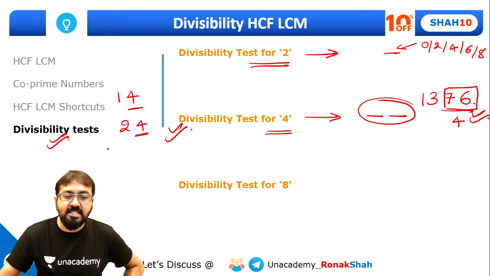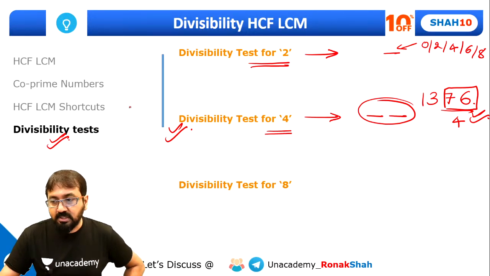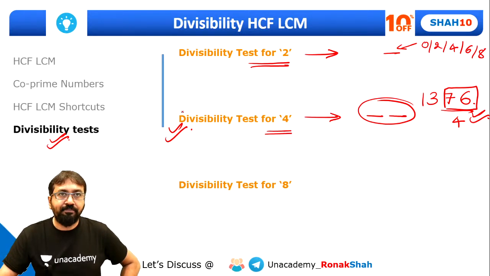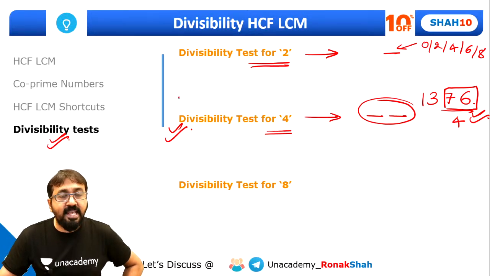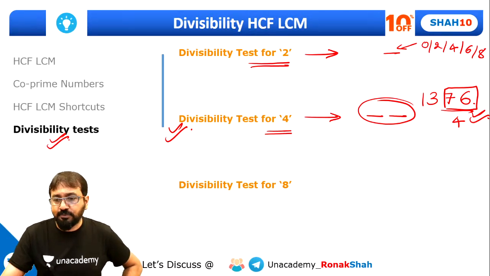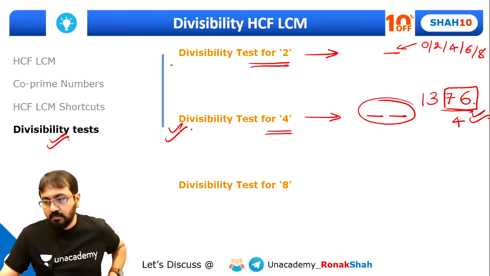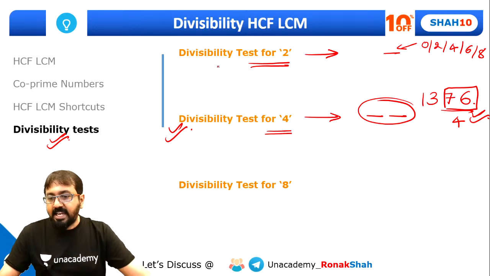If I take 24, again the last digit is 4, and it's divisible by 4. So by only the last digit you can't make out for 4. You'll have to check the last 2 digits. My question is, why do we check the last 2 digits for 4? Where did this test come from? We don't do that for 6 or 7 or 11 and so on, right? We just do it for 4. Any idea, guys?